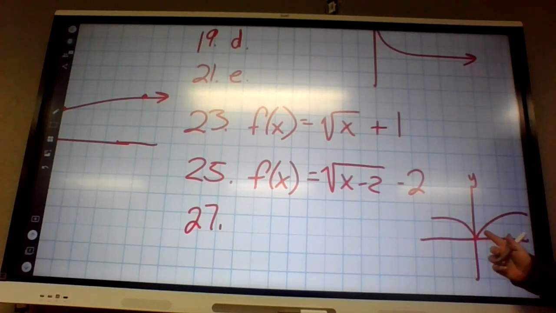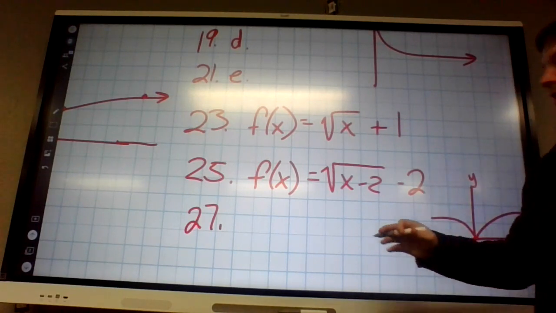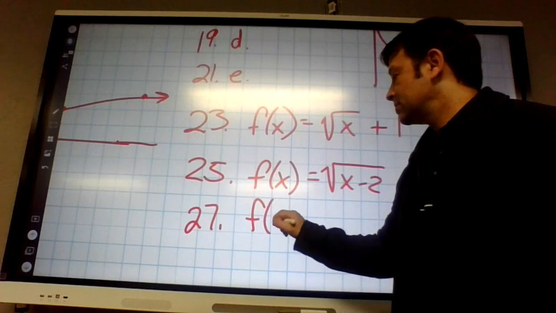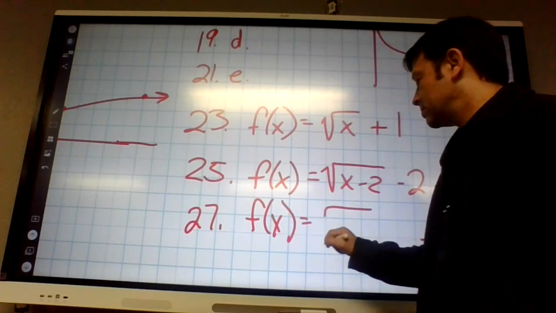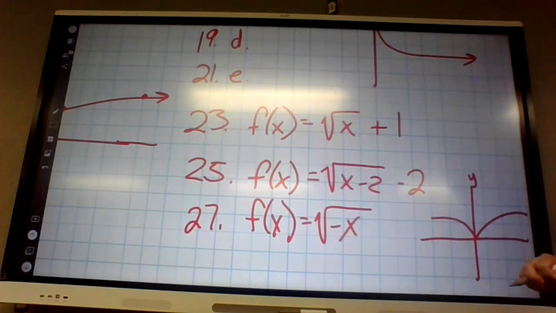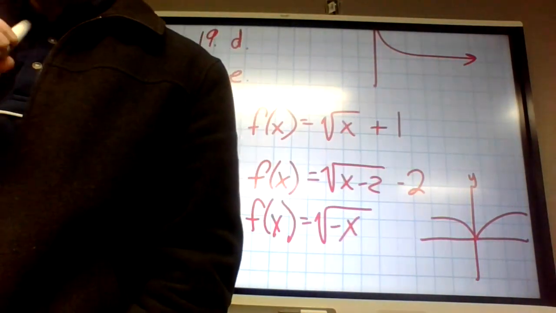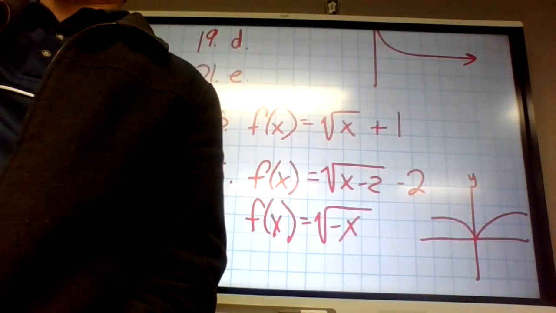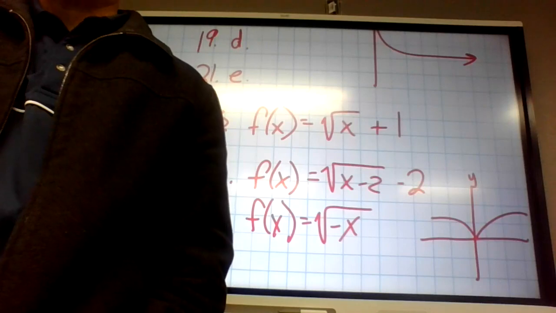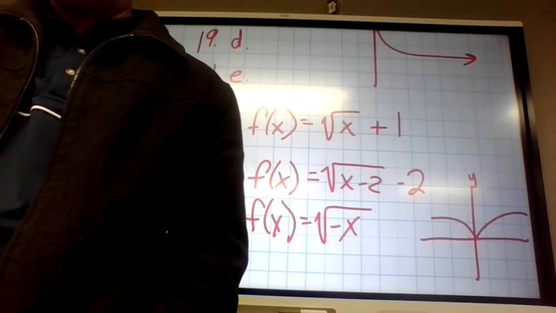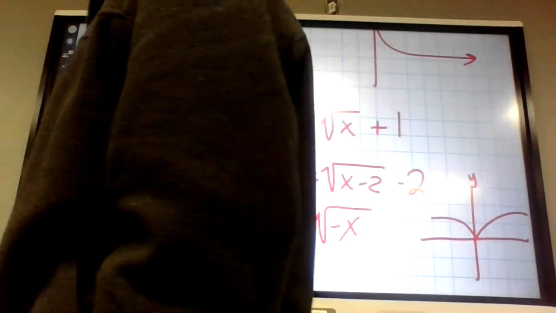That's when we graphed 16, you put a negative on the x. Okay. Are there any tricky ones? 28. How do we reflect it over the x-axis, make it go from top to bottom? Put the negative on the outside. Yeah, it's like number 21. Put the negative on the outside.